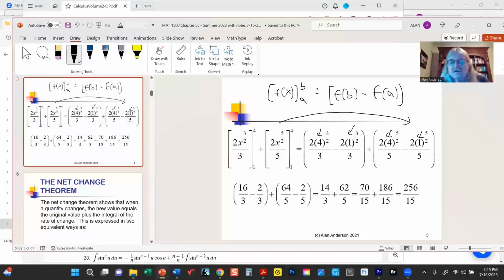So in the first case, we have 4 to the 3 halves, which is basically 4 cubed, the square root of 4 cubed. What you can do to solve for that is either go directly to your calculator and let your exponent be 3 halves. The other option is to take 4 cubed and then square root the result.